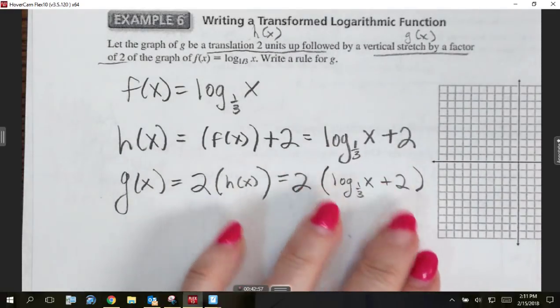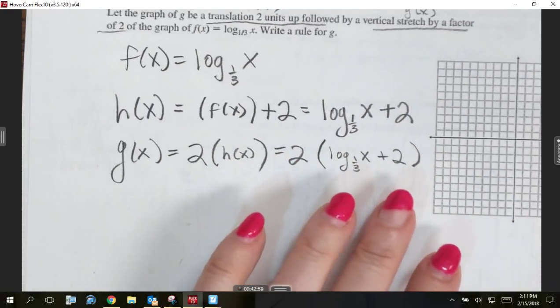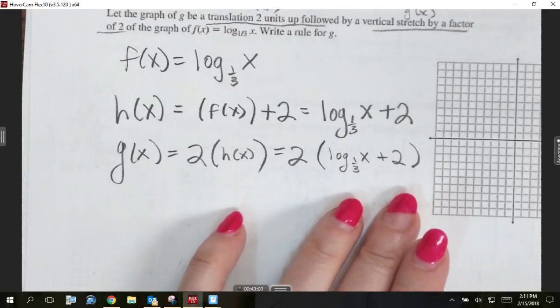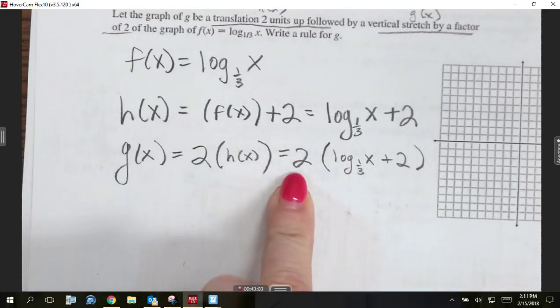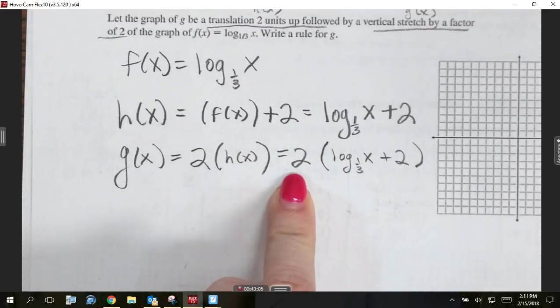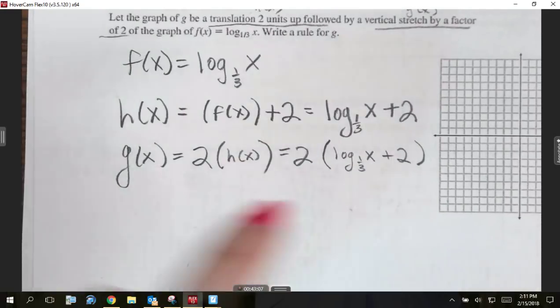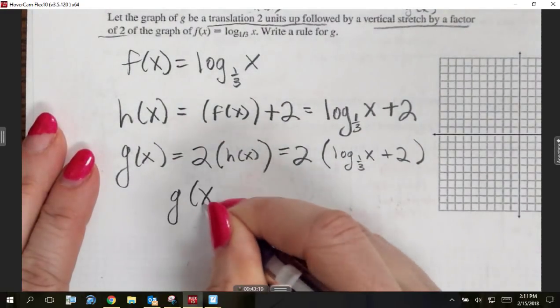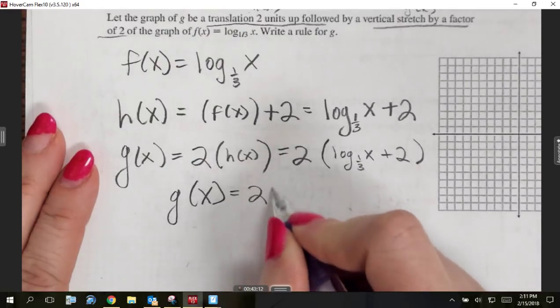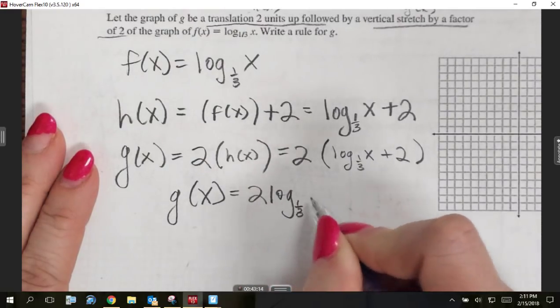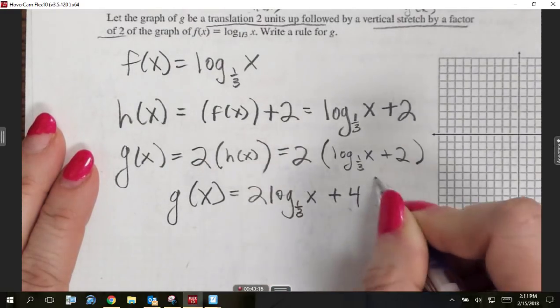You see how my 2 is outside of that function. What do I do with that 2? Distribute it. So I'll have g of x equals 2 log base 1/3 of x plus 4.